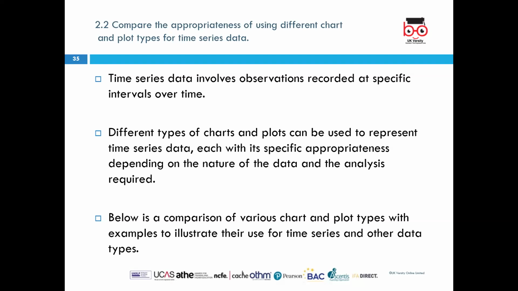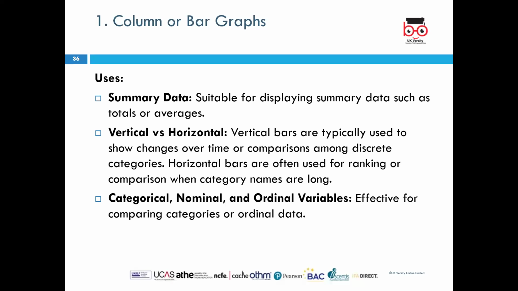So we know now that there are different types of chart and plot which can be used for representing data, each with its specific appropriateness, depending on the nature of the data and the analysis required. When it comes to column and bar graphs, we now use summary data, vertical versus horizontal, categorical, nominal, and ordinal variables.